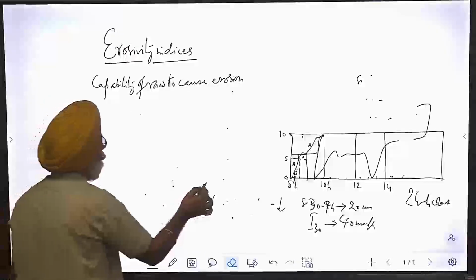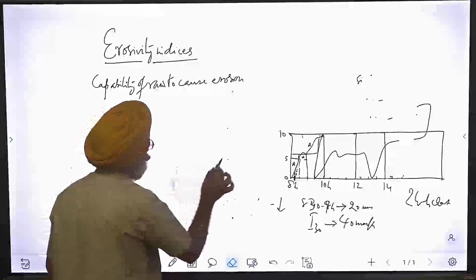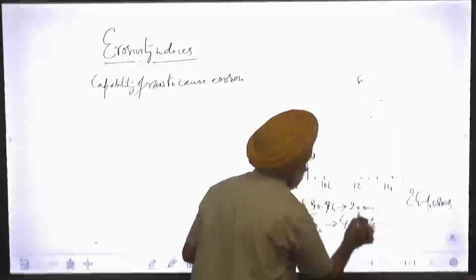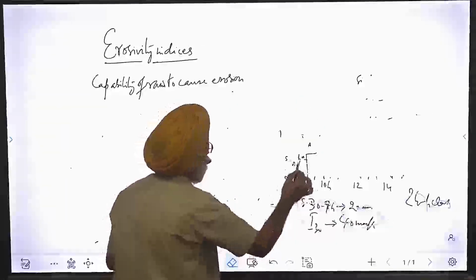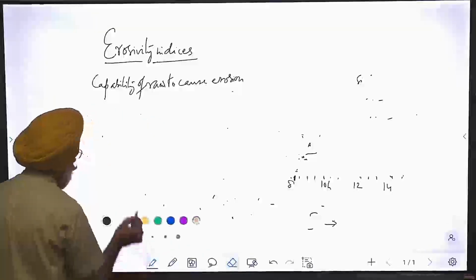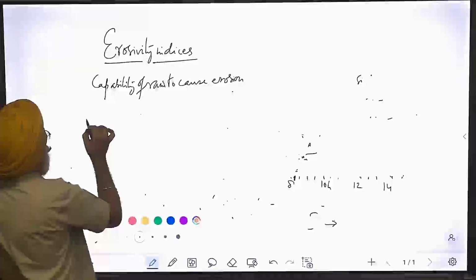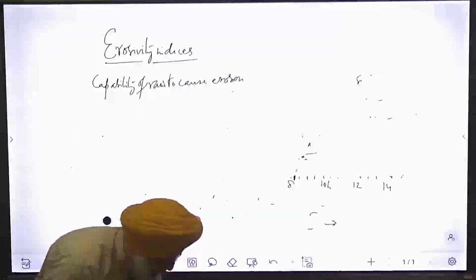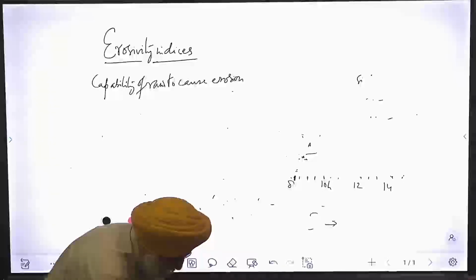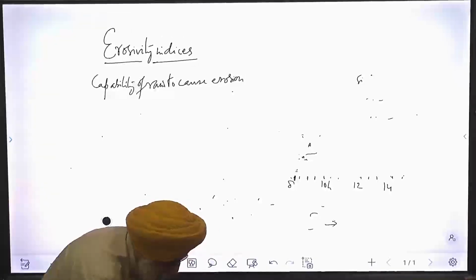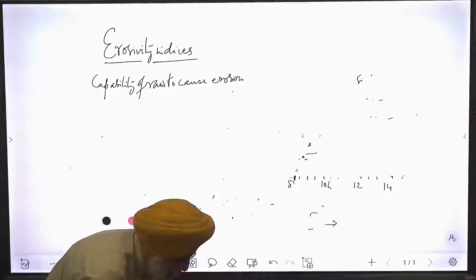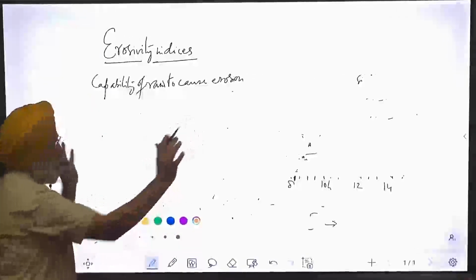Now we will take an example of how to calculate these indices. Say we have rain data with us.